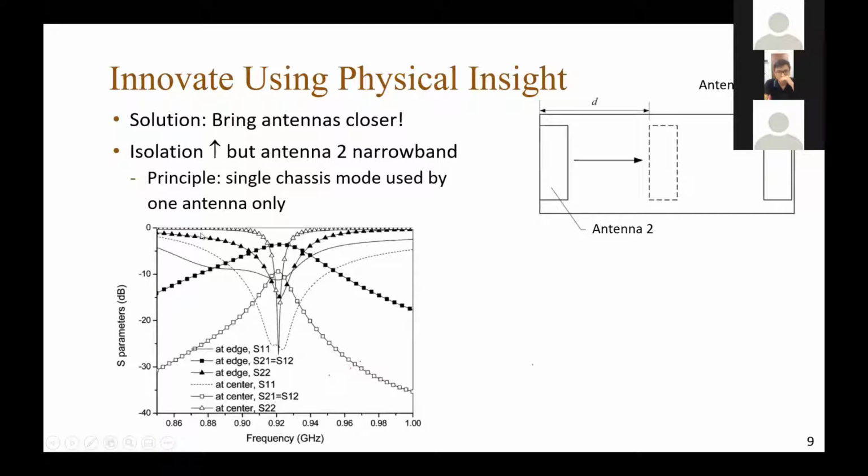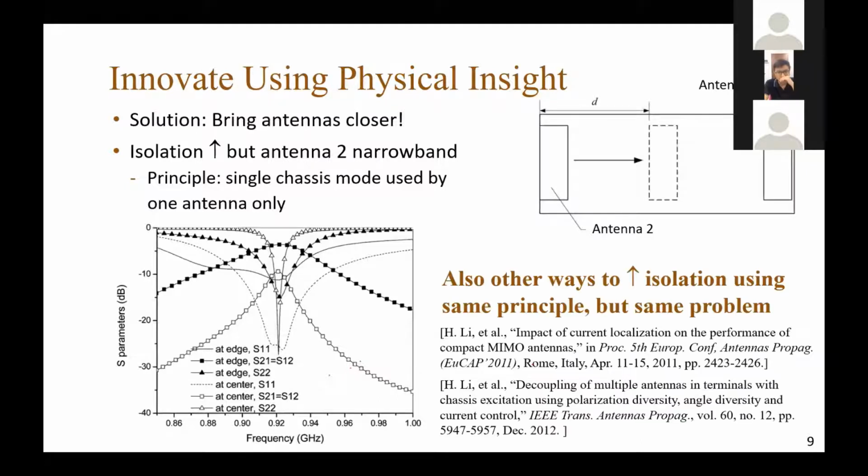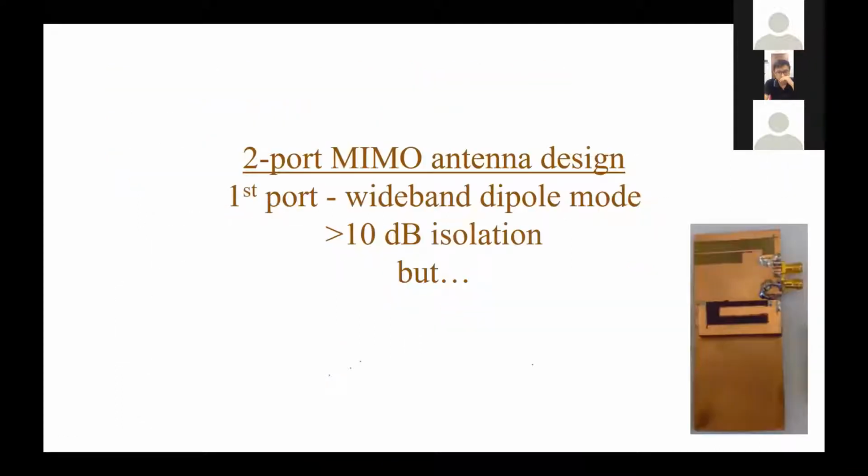You can see here that originally we have this curve for antenna 2, but very high isolation. If we move it to the center, we have isolation of 10 dB now, but the bandwidth is much smaller. So the price you pay is that you trade isolation with bandwidth. There are some other ways to do this, but we basically say that we are ready to sacrifice on bandwidth.